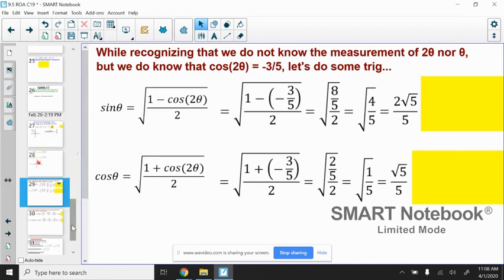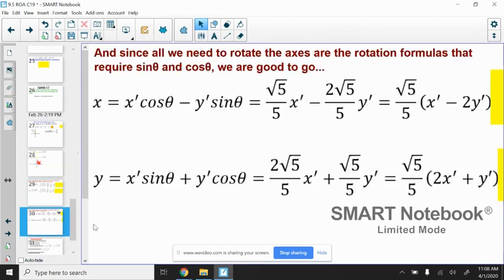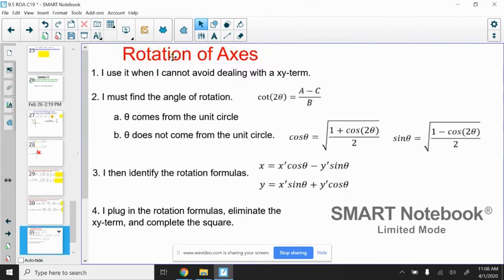Make sure you know how to do that. The last thing I would like to point out to you guys, without a doubt, is that we now have rotation formulas. We're good.